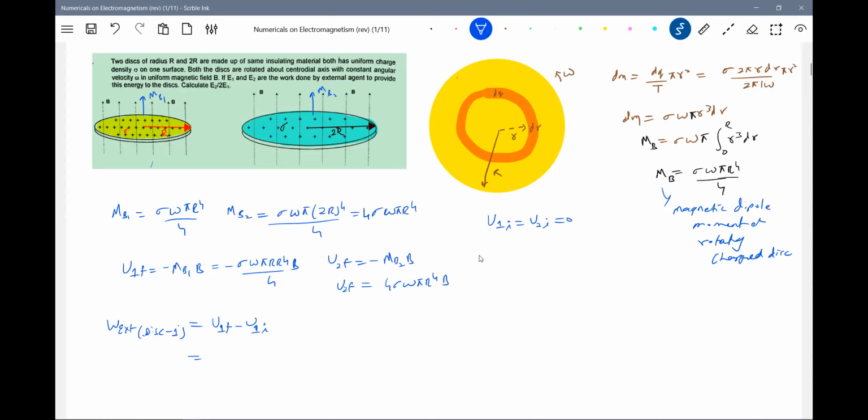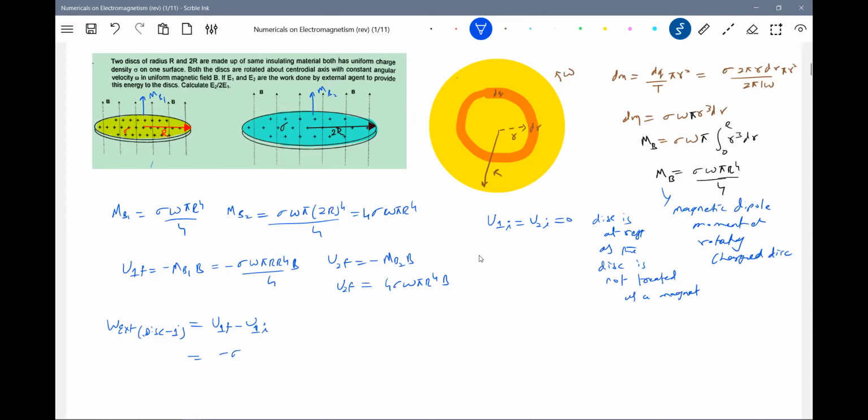Any reason? Initially, the disk is at rest, so there are no dipole moments. It's a charged disk, but it's not having any dipole moment, so it's not interacting with the magnetic field. The disk at rest is not treated as a magnet. When it is not treated as a magnet, there's no question of interaction potential.